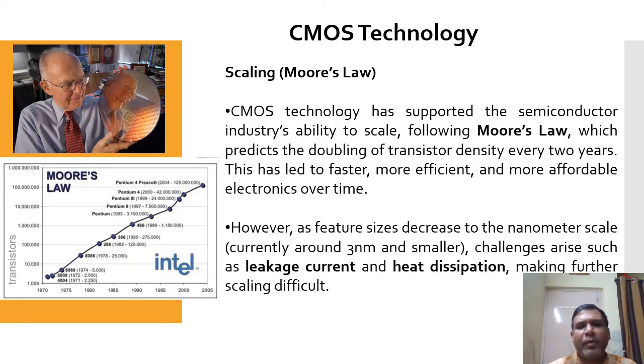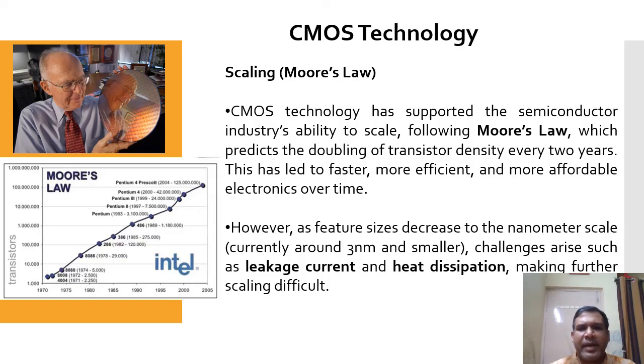So different microprocessors came, but Moore's law states that every 1.5 years, if we want to increase the device capacity in a single wafer, we have to reduce the dimension of the MOSFET. Once the dimension is reduced, we can increase the capacity inside the wafer or integrated circuit.